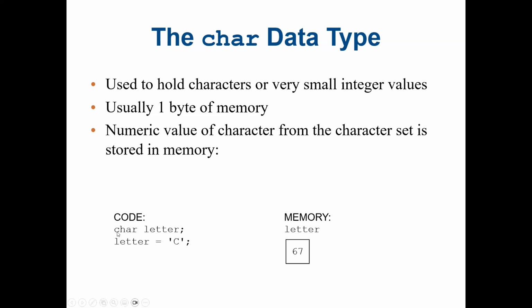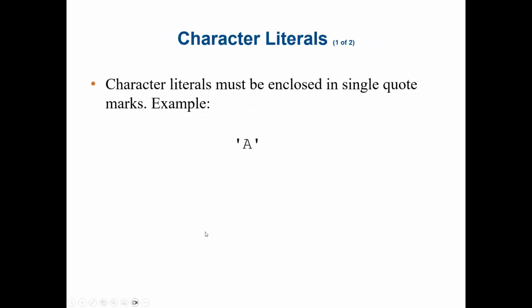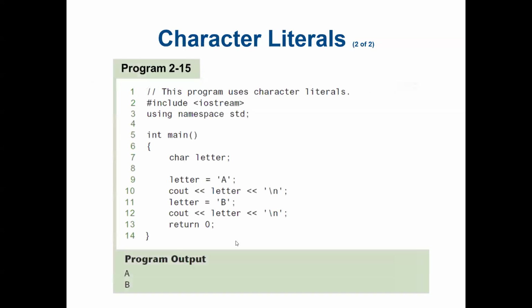So when we declare a variable named letter, data type is char, we assign the character C to it, but in memory, C represents 67. So that's an example of character literals. And now we can see the character literals in our program.